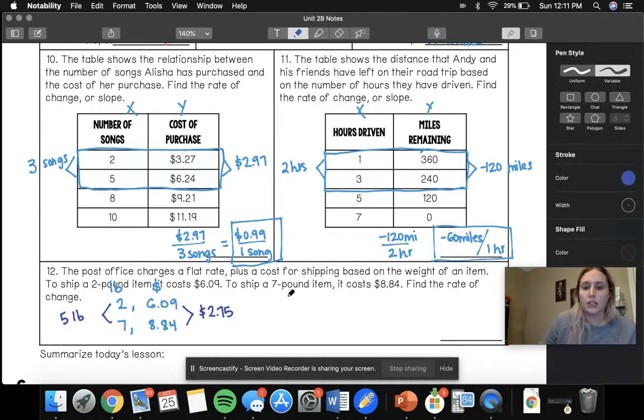So the rate of change would be $2.75 for every 5 pounds at the post office. Again, we want a unit rate because not everybody buys in increments of 5 pounds. So if we take $2.75 and divide by 5, we get 55 cents per 1 pound. So that would be the unit rate or the rate of change.